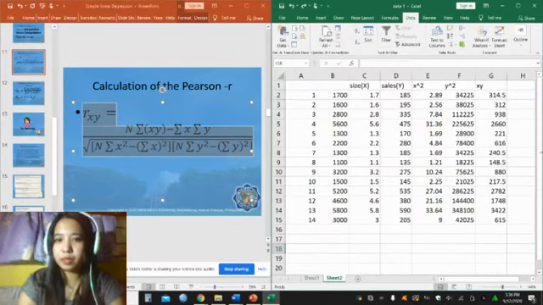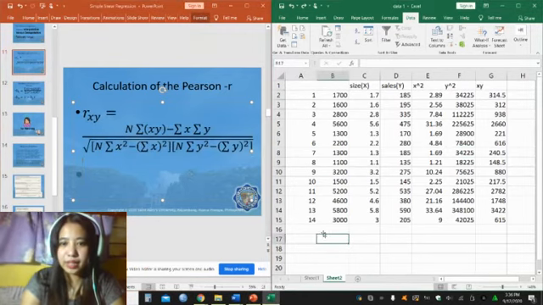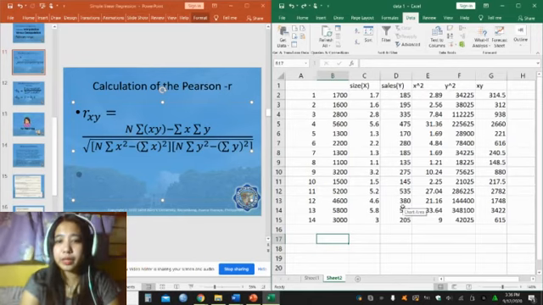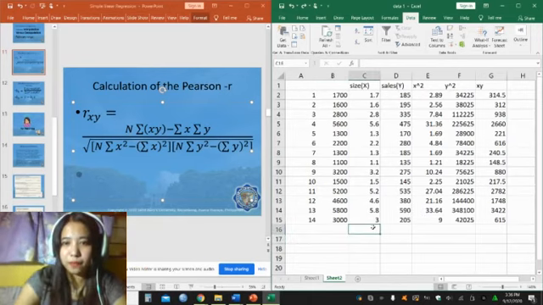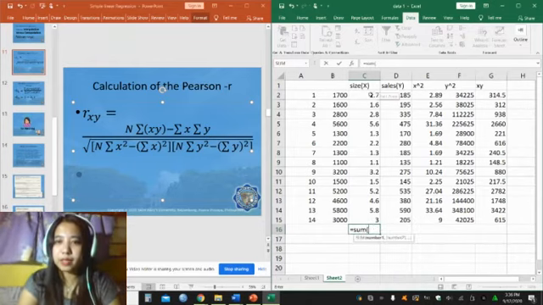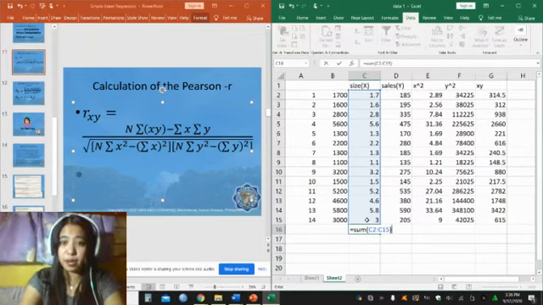Okay. So next, the formula is n. Our n is 14. This is 1 to 14. But we need the summation. This is the sign for summation, which means that we are going to get the sum of X. So we will just use the formula, equal sign, sum, open parenthesis, and then select the data set from 1 to 14, and then close parenthesis.